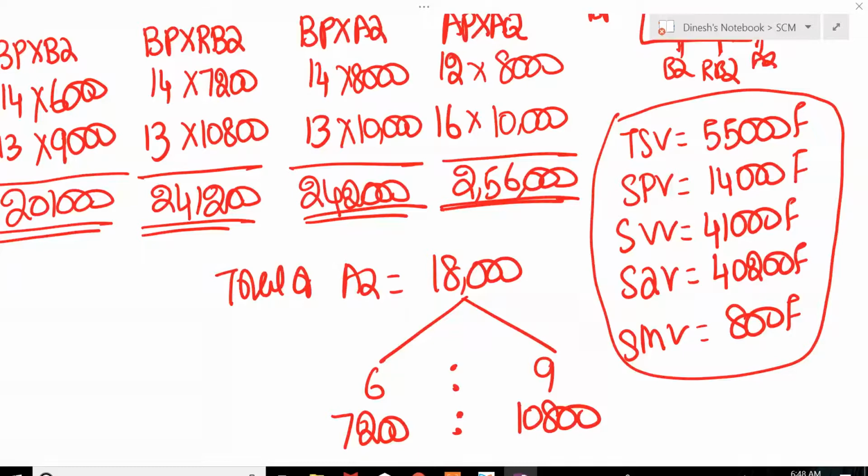Next point, sales will be replaced with sales margin in the nomenclature of the variance.